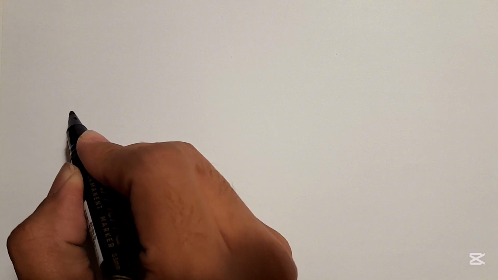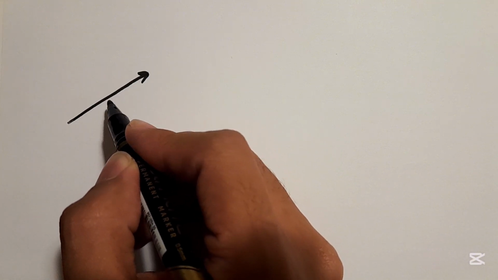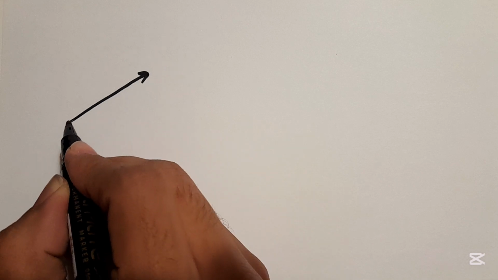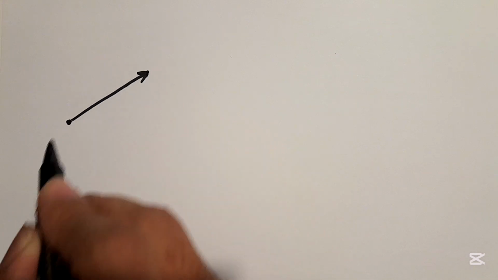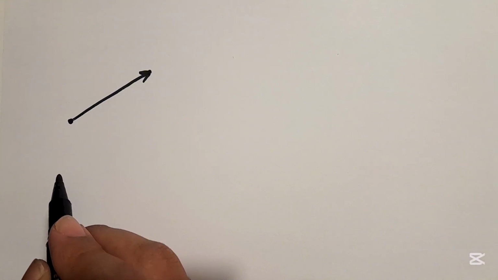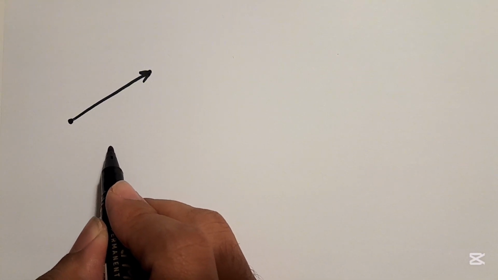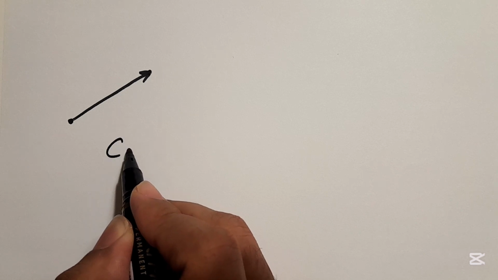So here is how we will write vectors in IGCSE maths. First, if we have an arrow pointing in this direction, meaning it goes from point here to point here, in vector notation formats, we have the column vector.